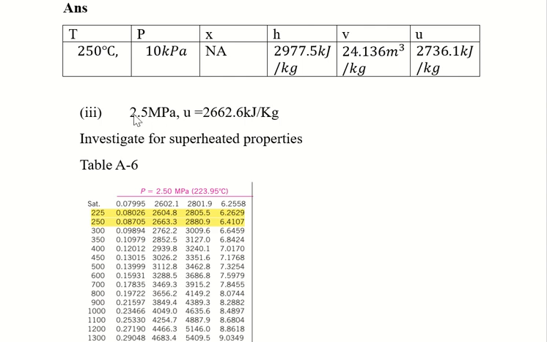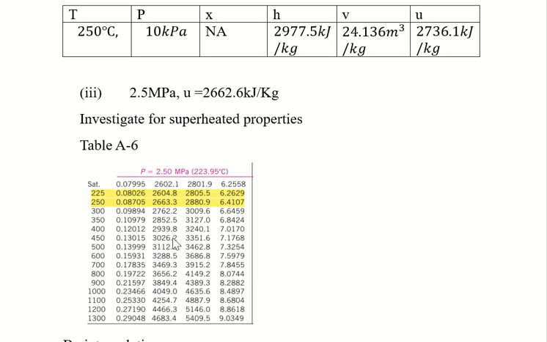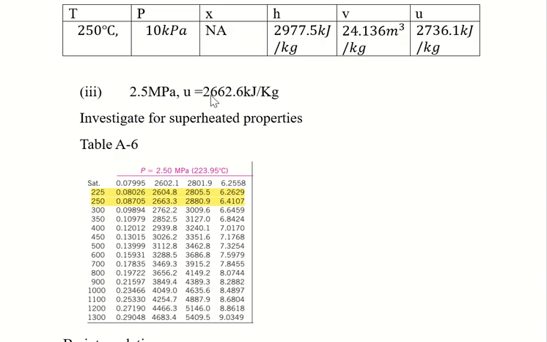Because this is too much pressure for a saturated mixture of water. So we right away go to table A6. This is temperature, pressure, and so on. We are given a specific internal energy.